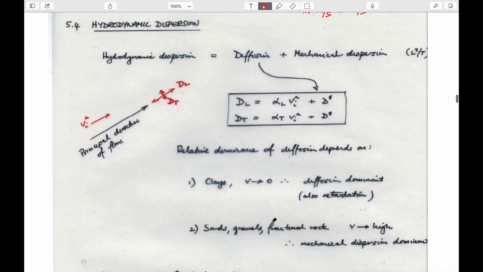And so the one behavior that we'll use is this idea of hydrodynamic dispersion, which combines the two effects: diffusion, which is chemical spreading due to Fick's law, and dispersion, which is mechanical. We can add them together. They define behavior along the length of the flow.